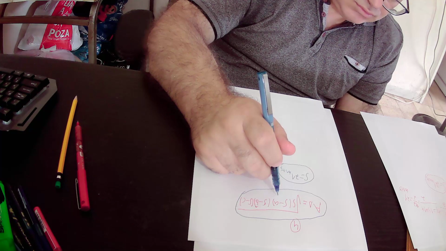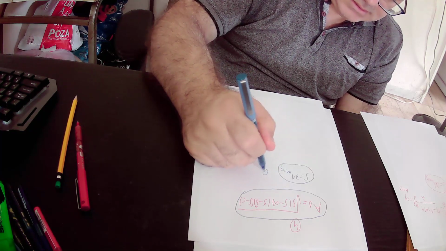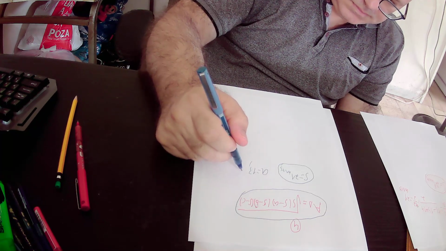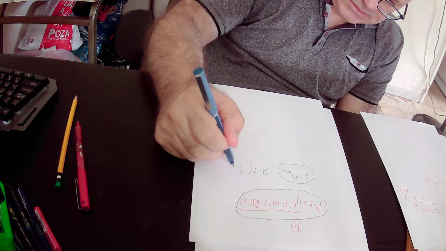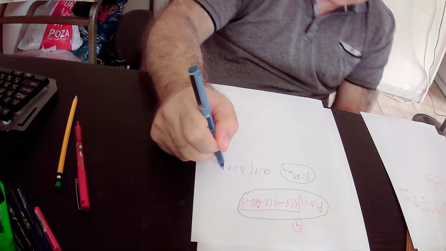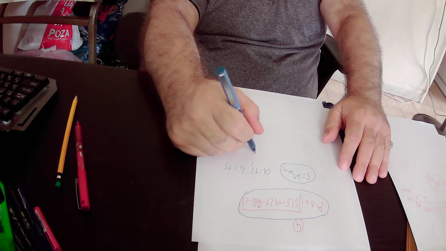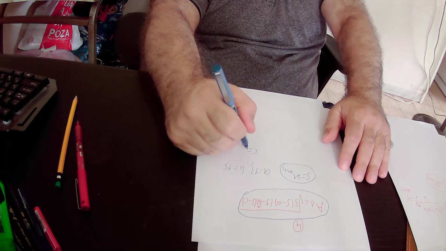A equals 13 units. B equals 15 units. And C equals 14 units.